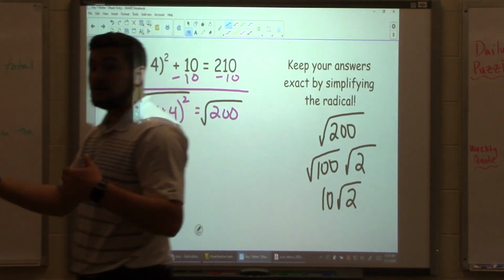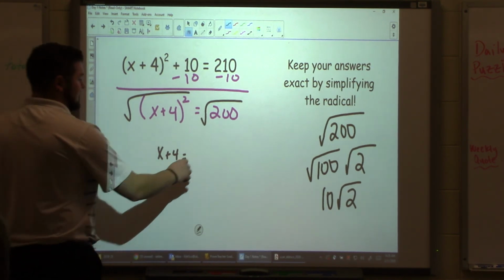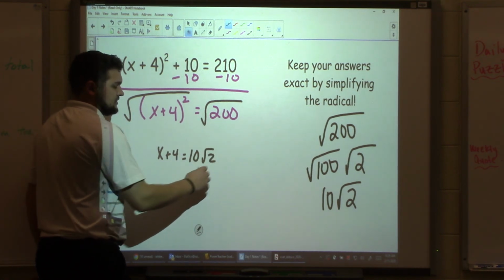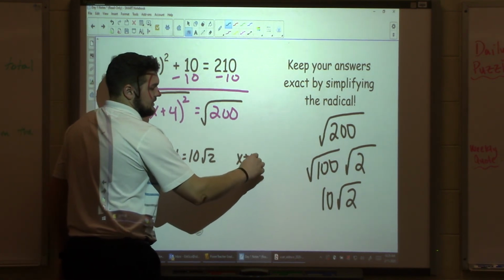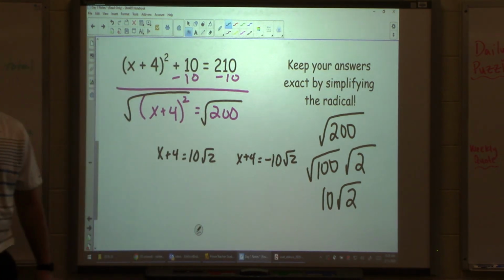So in simplified radical form, I get 10 times the square root of 2. So x plus 4 equals positive 10 square root of 2, and x plus 4 equals negative 10 square root of 2. We need to set it equal to both the positive and the negative. Does that make sense?